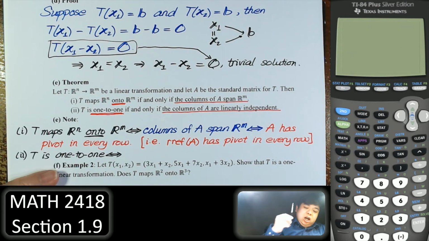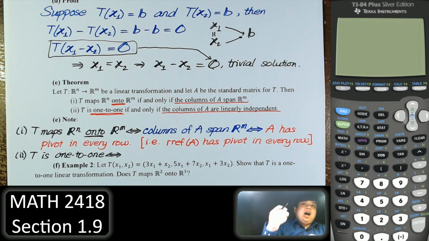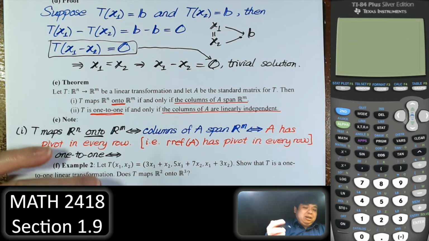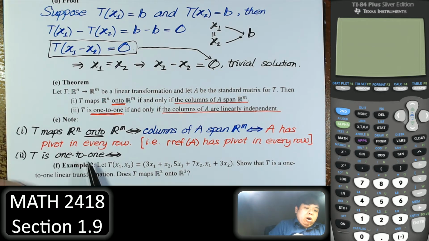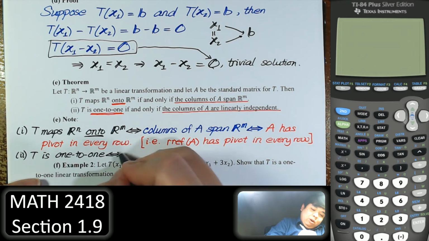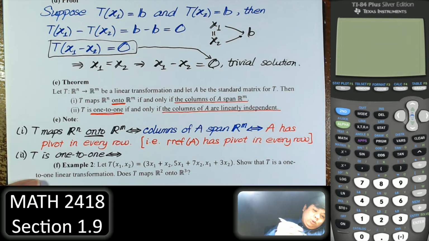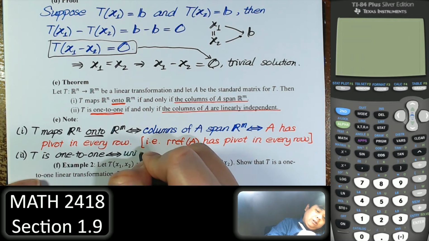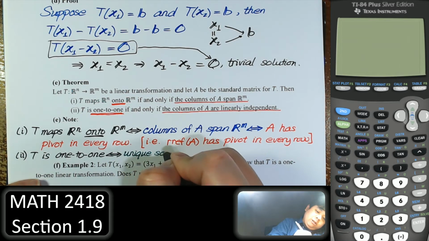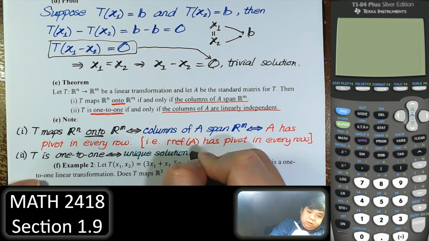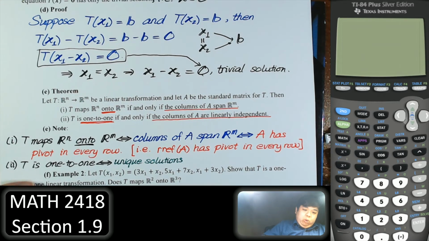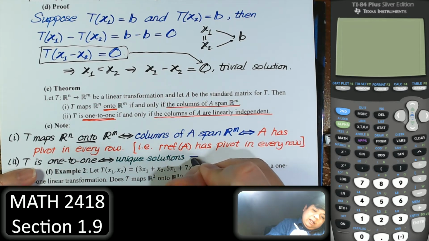So there must be a unique solution. And onto guarantees to have only one solution, or infinitely many solutions. That's for onto. But for one-to-one, it's the unique solution. So what we look for equivalently is a unique solution, or equivalently, the columns of A are linearly independent.